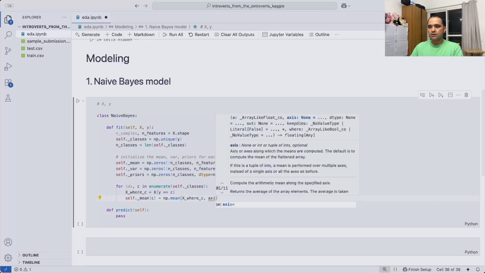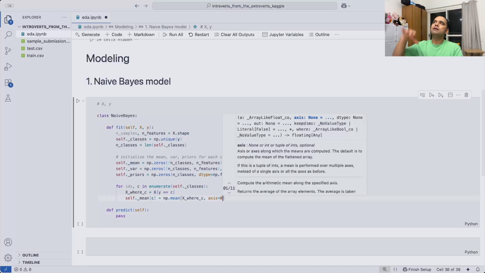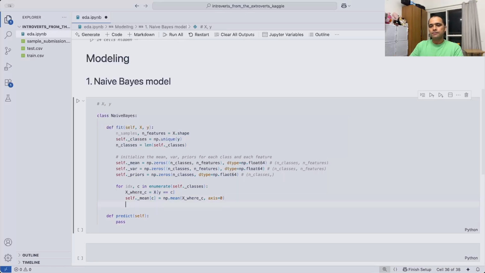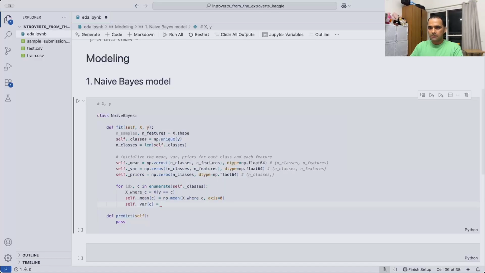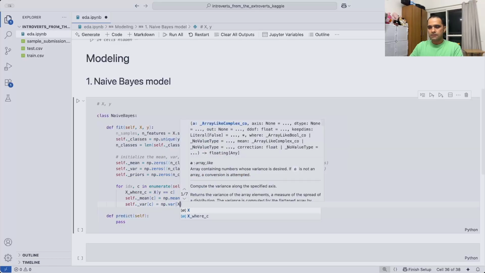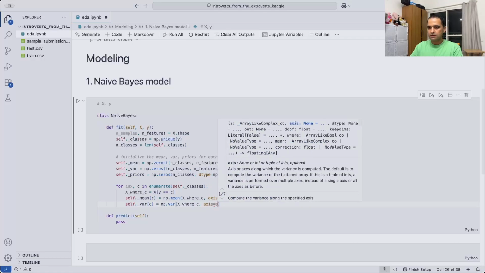We'll take the mean across this x where c variable, on the axis 0. We are collapsing the axis 0. So for each feature we'll get a mean here. Variance for class c is np dot var of x where c, on axis 0.